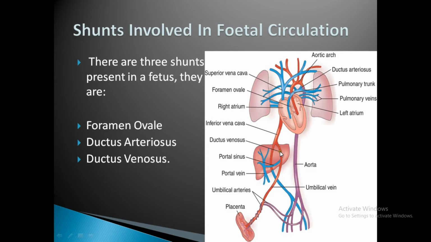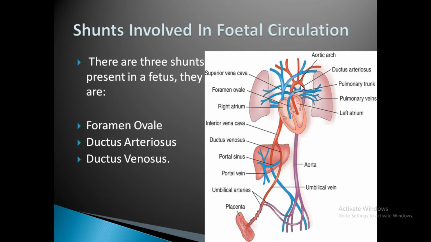Now, what is the purpose of these shunts? Why has nature made them? These shunts are made to skip a few structures of the body, like the lungs and the liver, because at this stage the lungs and liver are not fully developed. So these structures bypass the blood going through the liver and the lungs.